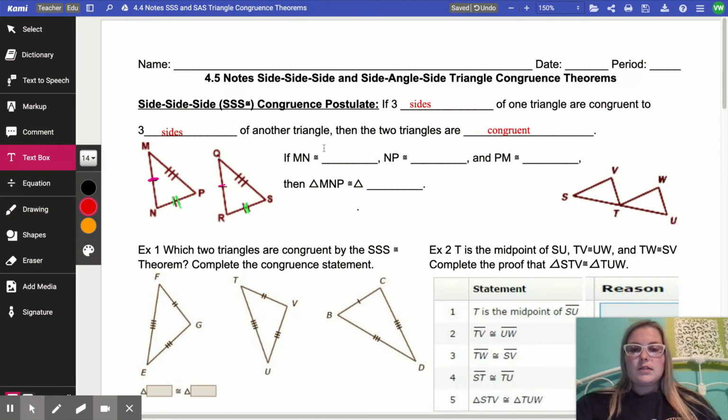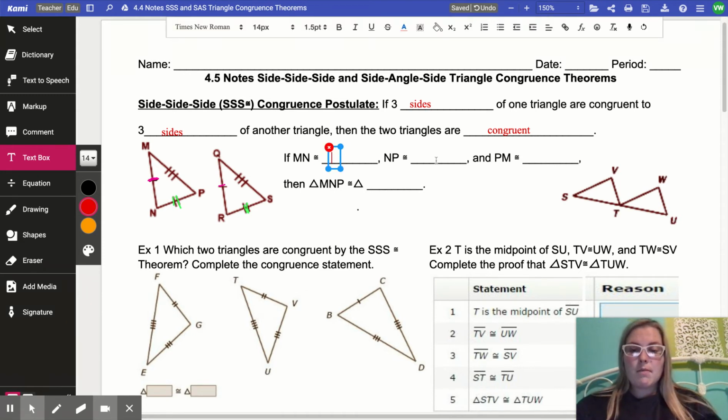So MN has one tick mark, and the other triangle's QR has one tick mark, so MN is going to be congruent to QR.